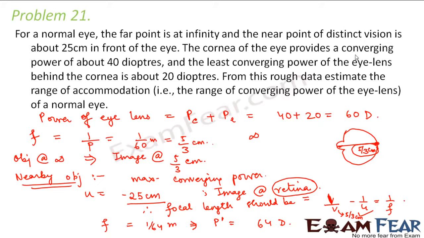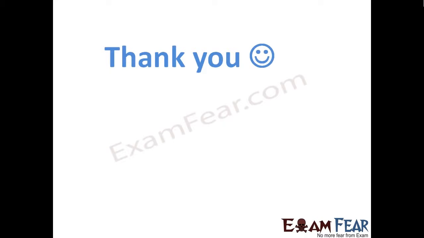Therefore, we calculated the focal length, and that is our distance of the retina from the lens. Now, in case of nearby objects, we knew that the object distance is 25 centimeters, and now we also know the distance of the image from the lens. So we were able to find out what the focal length should be for nearby objects.